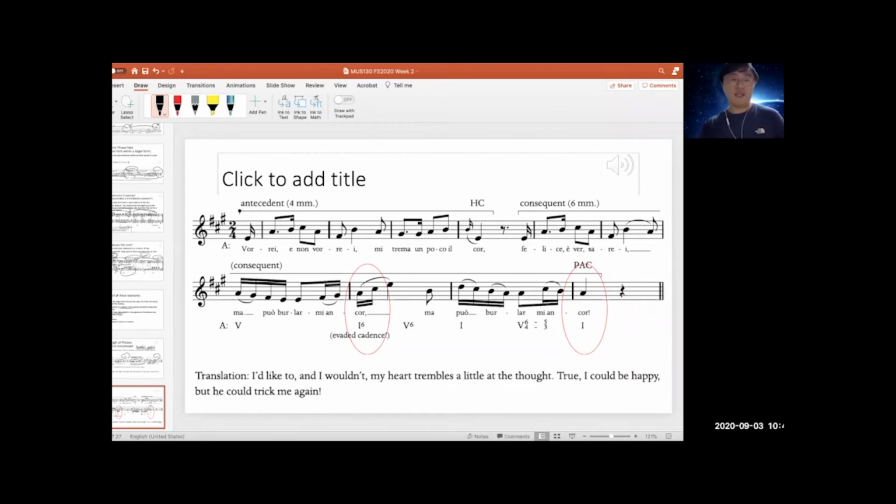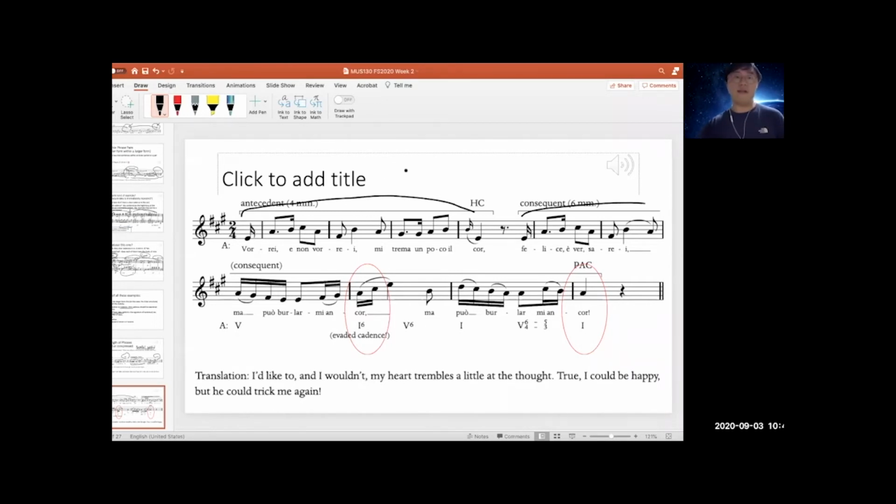If you see this example, it still has the same 4-bar antecedent and a similar consequent, but in the consequent you see the expansion.